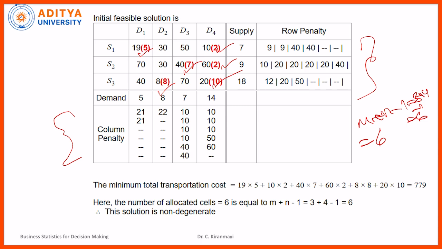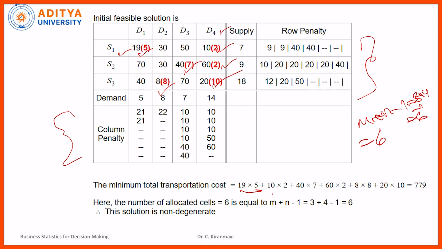Now the total minimum transportation cost. 5 units must be supplied from source 1 to destination 1, and the cost of transportation per unit here is 19. Therefore 19 into 5, and likewise 2 units must be supplied from source 1 to D4, and the cost per unit is 10 rupees, so 10 into 2.